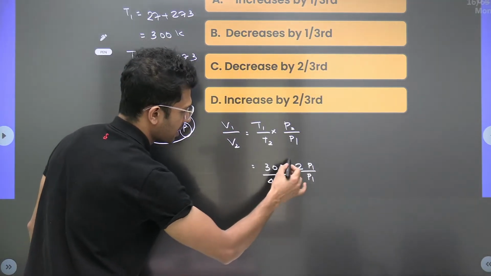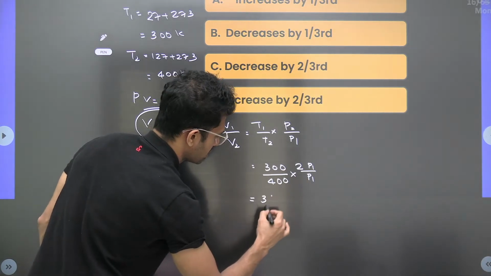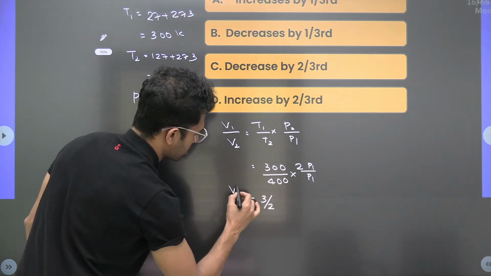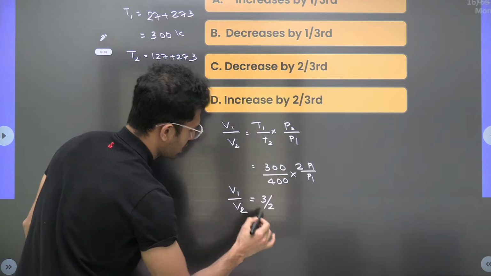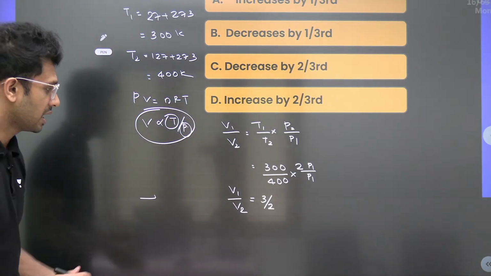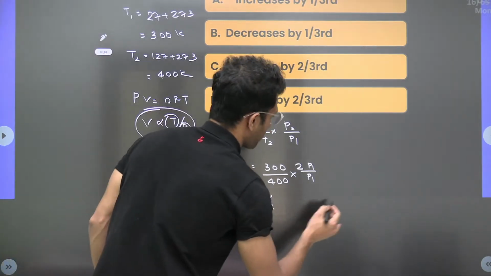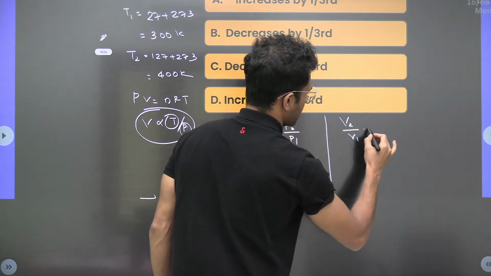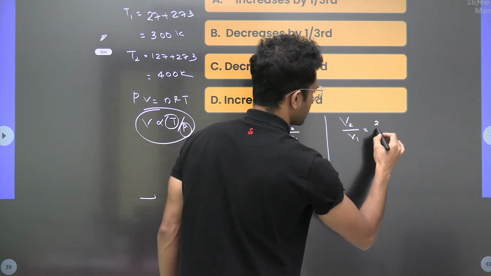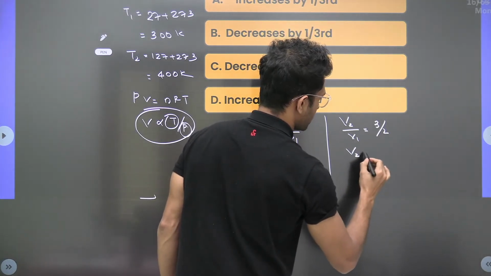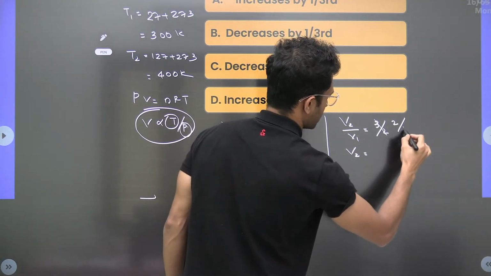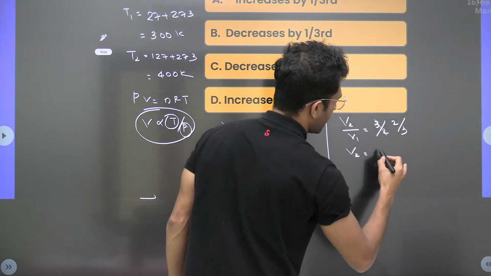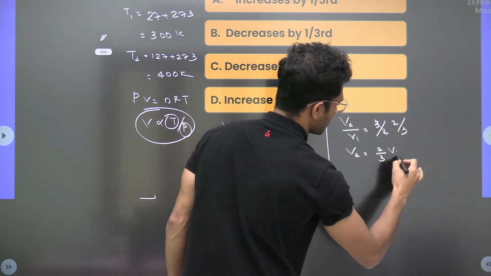P1's cancel, right? 2 in 4, 2 times, so this will be 3 by 2. So V1 by V2 is equal to 3 by 2. Taking the inverse, V2 by V1 is equal to 2 by 3, and V2 equals 2 by 3 times V1.